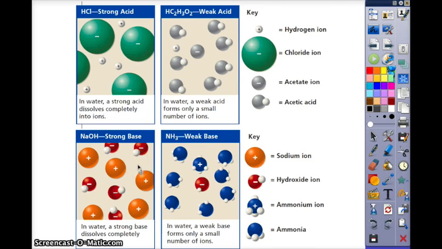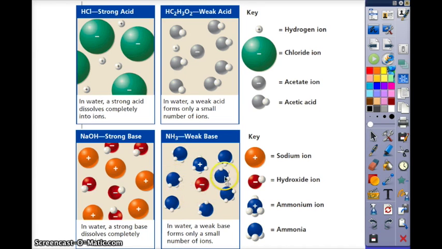On the other hand, we have very strong bases versus very weak bases. A very strong base has a lot of OH negatives and then whatever the positive ion is with it. In this situation, it's a sodium ion, and the OH negative ion is what we're looking for in bases. This is sodium hydroxide, like we just talked about in the last slide. And this is ammonia, which is NH3.